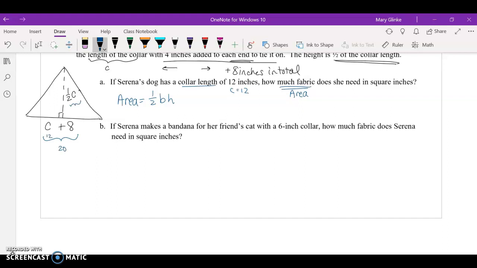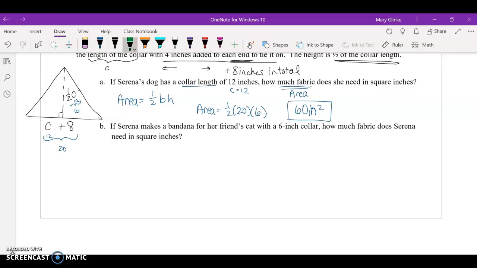And my height here, 1/2 of 12, I would get 6. So to find the area, I'm going to do 1/2 of 20 times 6. Half of 20 is 10, and 10 times 6 would be 60. So this would be 60 square inches.